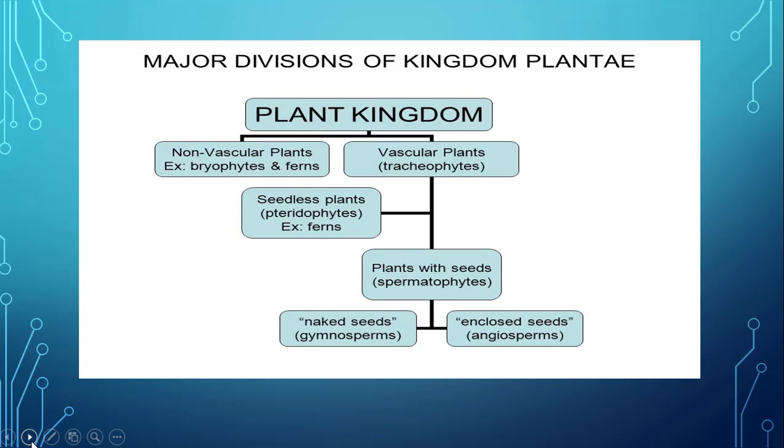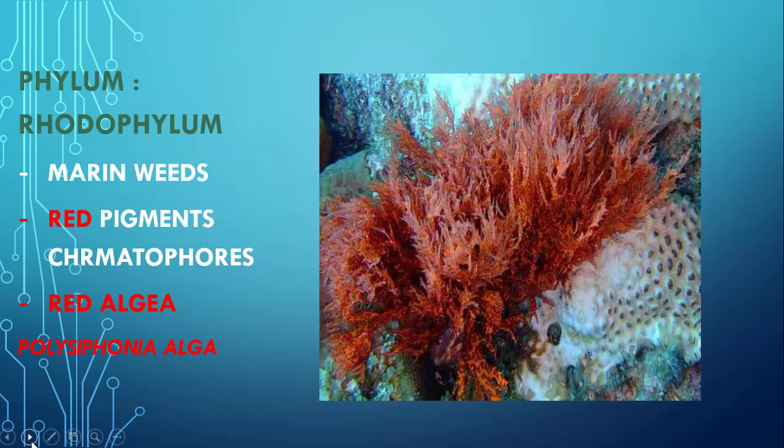Then we will talk about the divisions of the plant kingdom. First, higher algae. Second division, non-vascular plants. Third, vascular plants. Now we're talking about the first division of the Kingdom Plantae, which is higher algae.